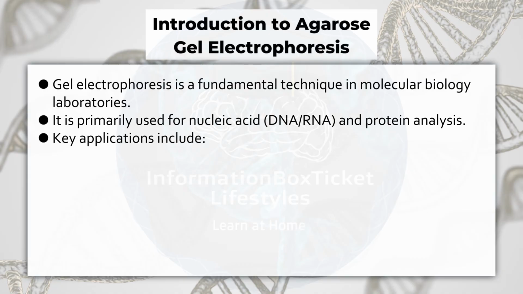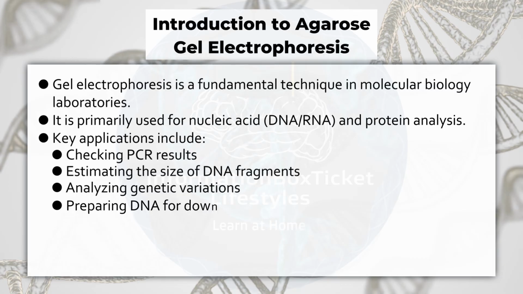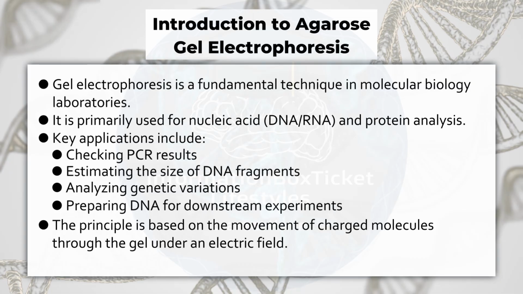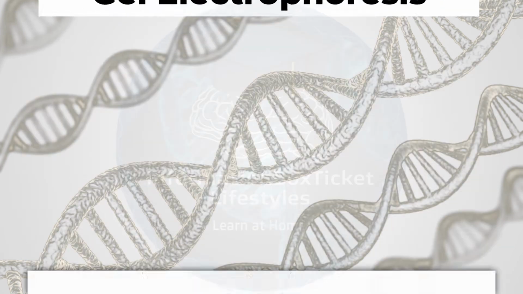Key applications include checking PCR results, estimating the size of DNA fragments, analyzing genetic variations, and preparing DNA for downstream experiments. The principle is based on the movement of charged molecules through the gel under an electric field. Agarose gel electrophoresis is most commonly used for DNA analysis.